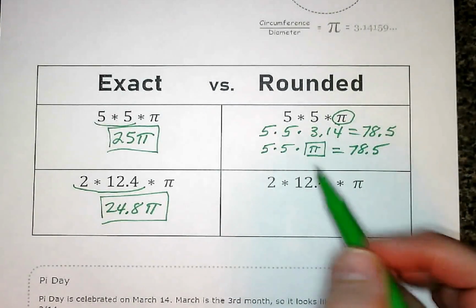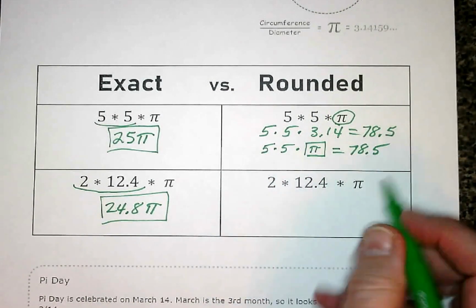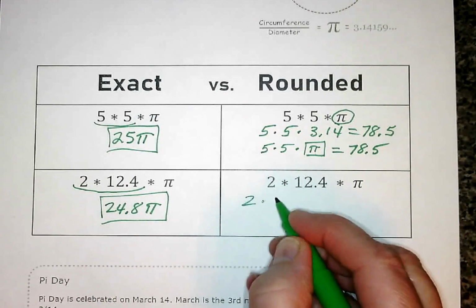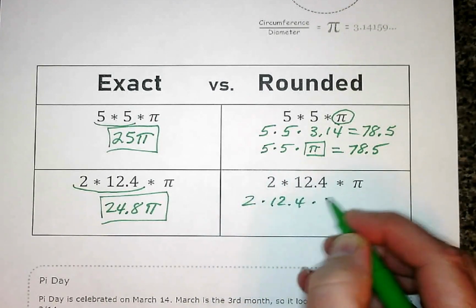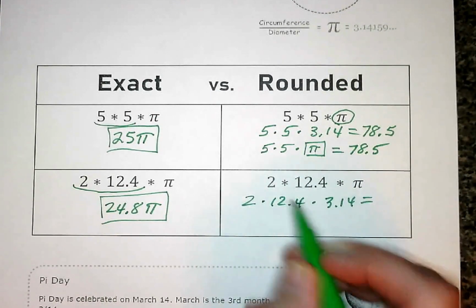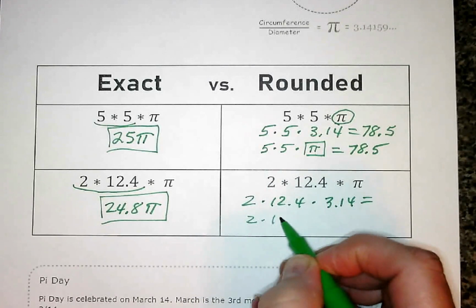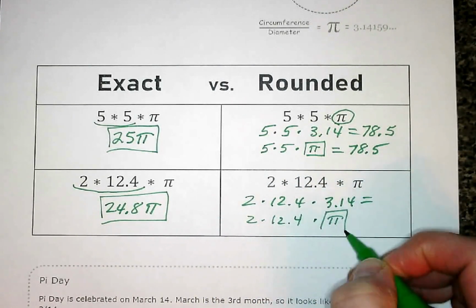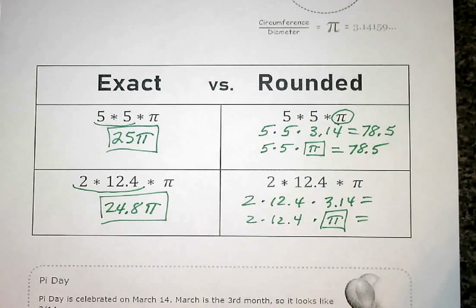Down here I do the same thing. I could go 2 times 12.4 times 3.14, and I could go 2 times 12.4 times the pi button on the calculator. When you multiply it out, you get a tenth of a difference, but I would accept either way, again, unless it specifically says which way to go.